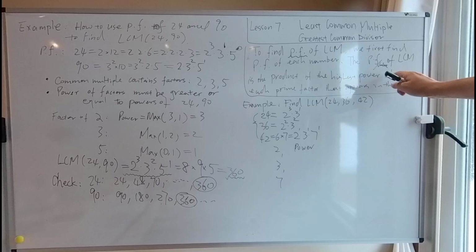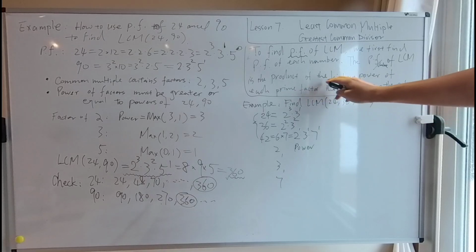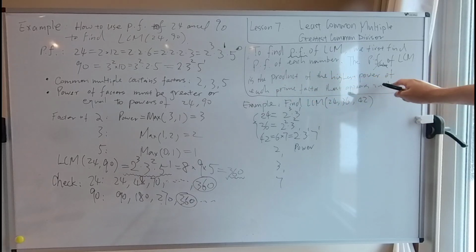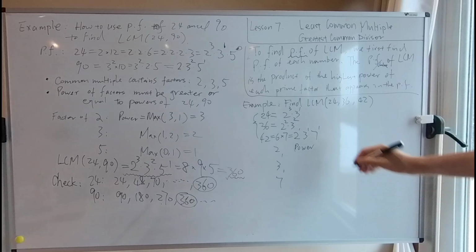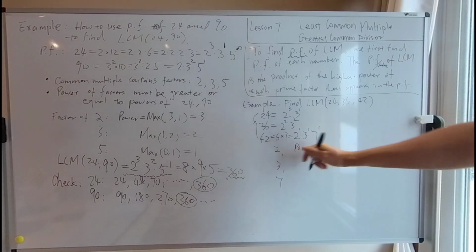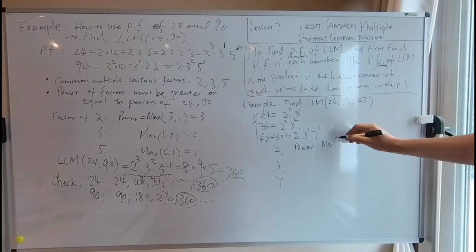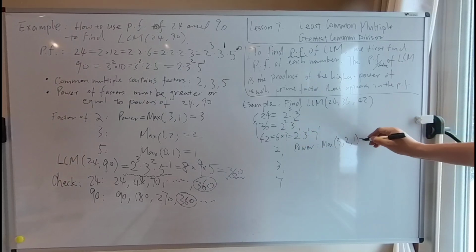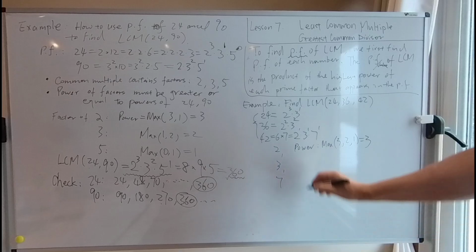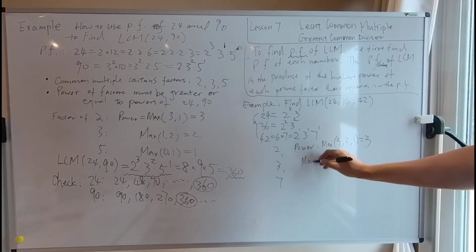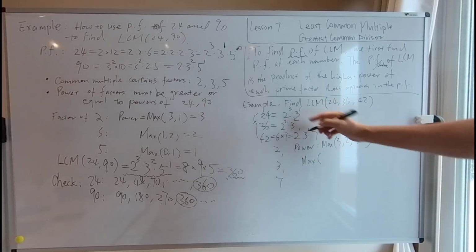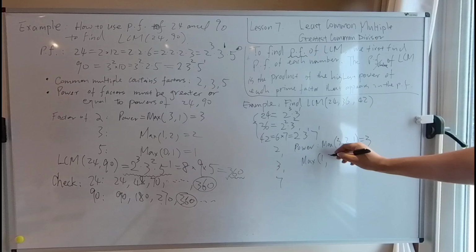We're moving to the second step, the product of the highest power of each prime factor. So the power of 2 is the highest among 3, 2, 1, which is 3. Prime factor 3 has power of 1, 2, 1. So it's 2.